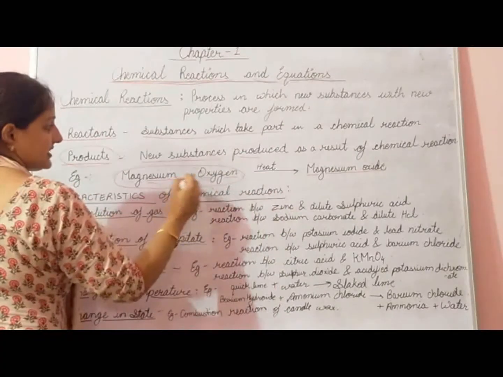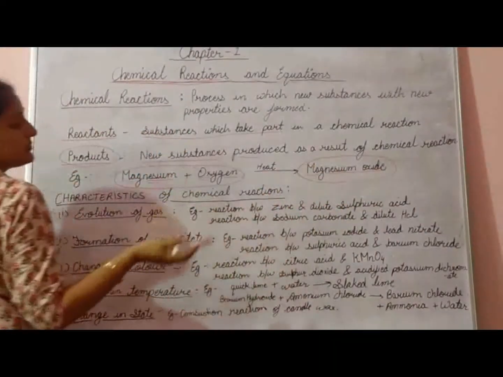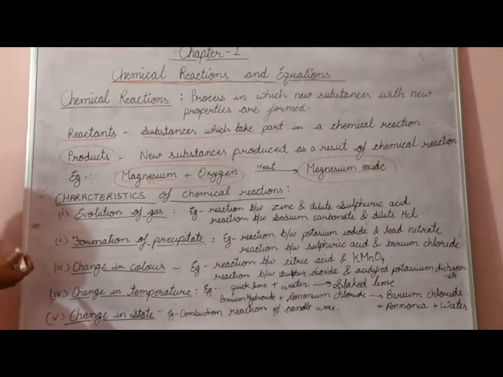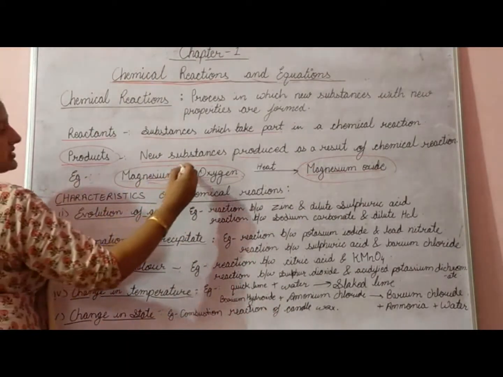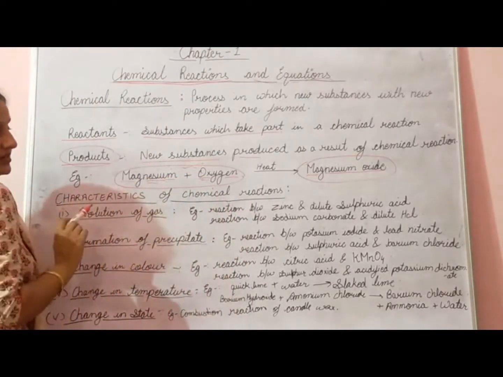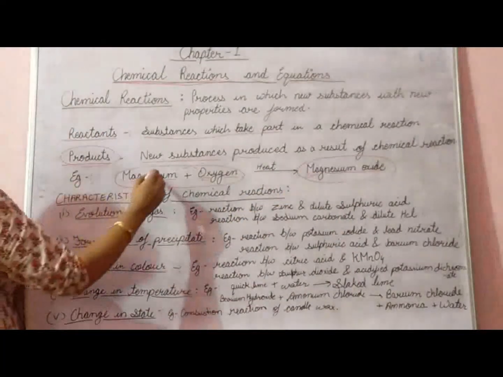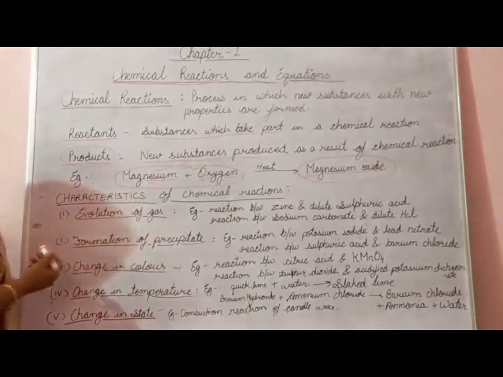On heating these two substances, what do we get? Magnesium oxide. This magnesium oxide is the product, which forms as a result of the reaction between these two reactants. The properties of magnesium oxide are totally different from those of magnesium and oxygen.